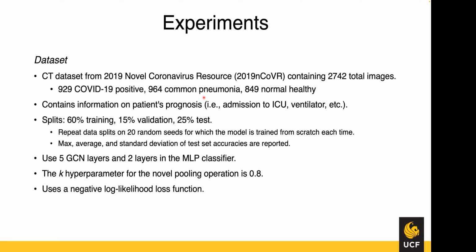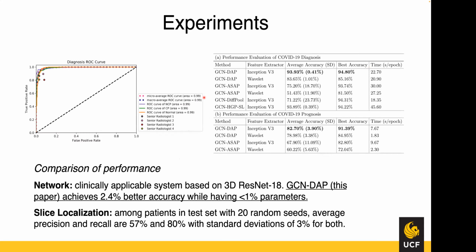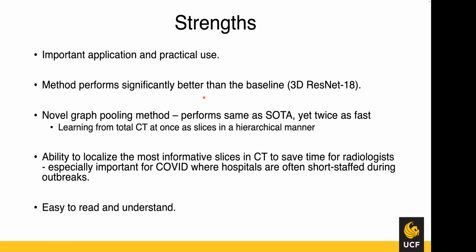Okay, and the second, I think, which I don't really quite understand, or maybe they need to justify, is the 3D ResNet 18 they are using as the baseline, right? So why specifically choosing this as a baseline, right?